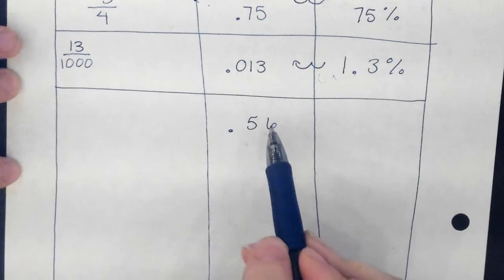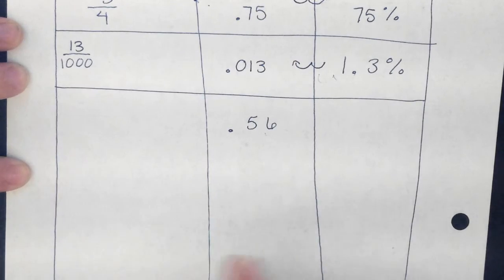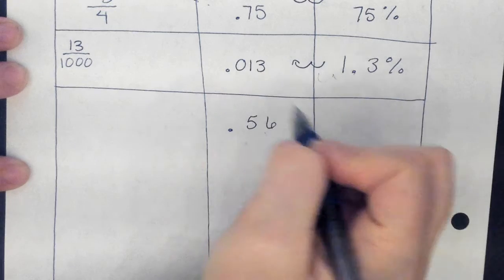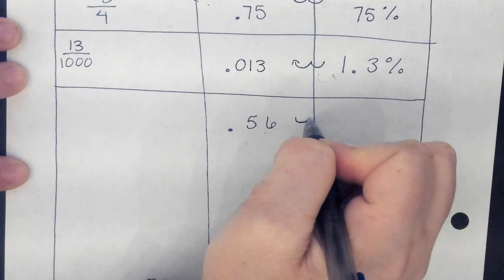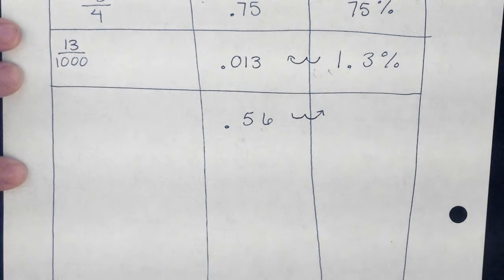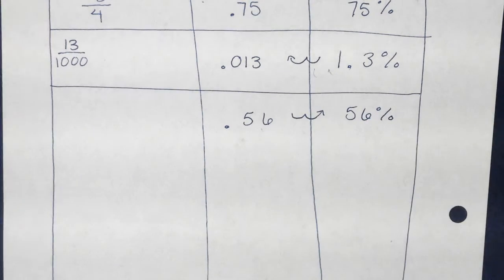All right, let's go from my decimal to my percent. Guys, if this chart helps you, draw this chart out on your scratch work. You don't have to make it this big. To go from a decimal to a percent, I'm going to the right. What's my percent going to be here, Maddie? 56%. Wait.